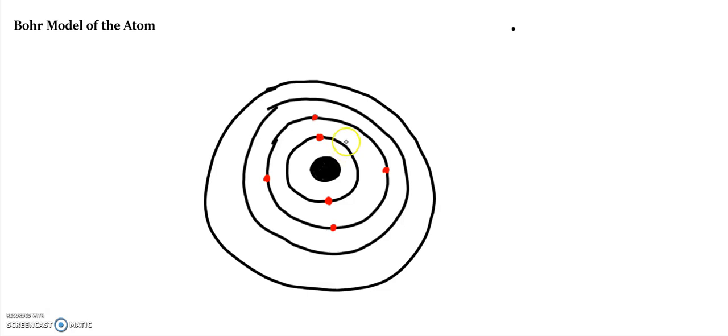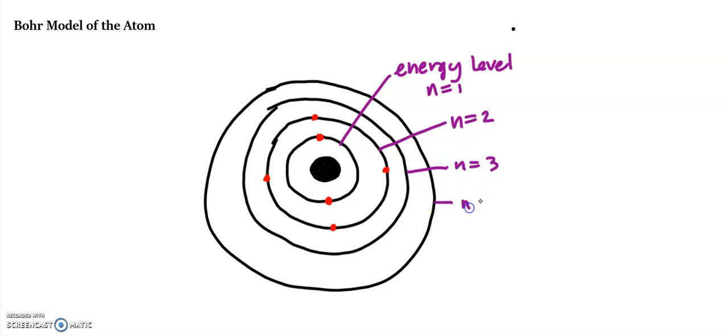Okay, so a couple things to note about this. One is that, like I just said, these are your energy levels. And the energy levels, we use the letter N to represent them. So sometimes you'll hear that the first one closest to the nucleus is N equals 1. The second one then would be the second energy level, the third, the fourth, etc. So the lowest one is closest to the nucleus.